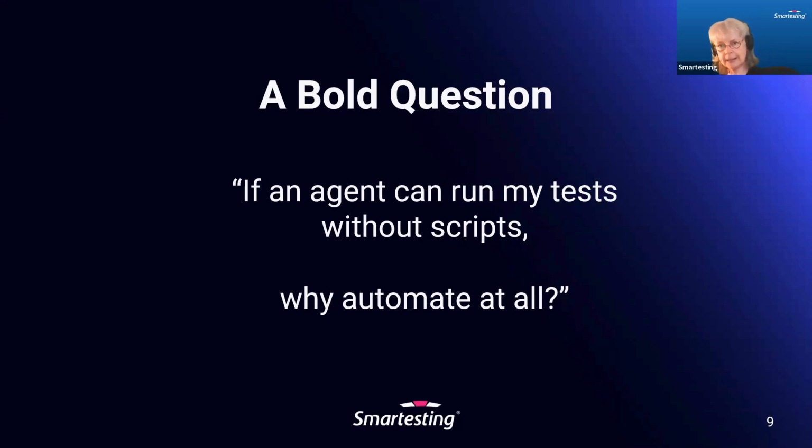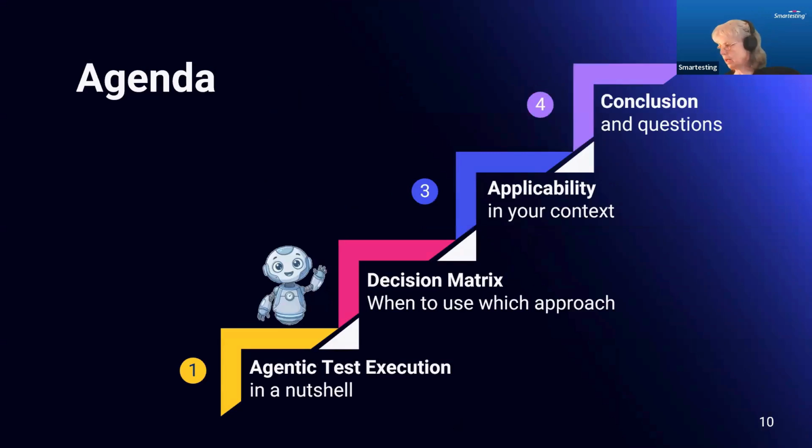Why should I automate at all? But there are good reasons for test automation too. For example, test automation is faster. It is more reproducible. An agent always works with an LLM, and LLMs, as we know, are non-deterministic.